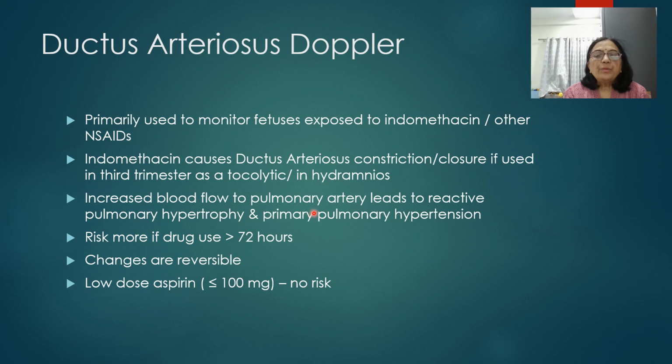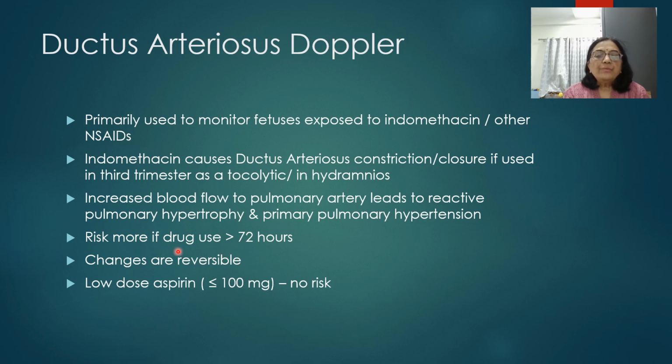There is increased blood flow to the pulmonary artery because of this ductus arteriosus constriction. Blood will flow more towards the lung through the pulmonary artery, but it leads to reactive pulmonary hypertrophy and primary pulmonary hypertension in the baby, fetal primary pulmonary hypertension.